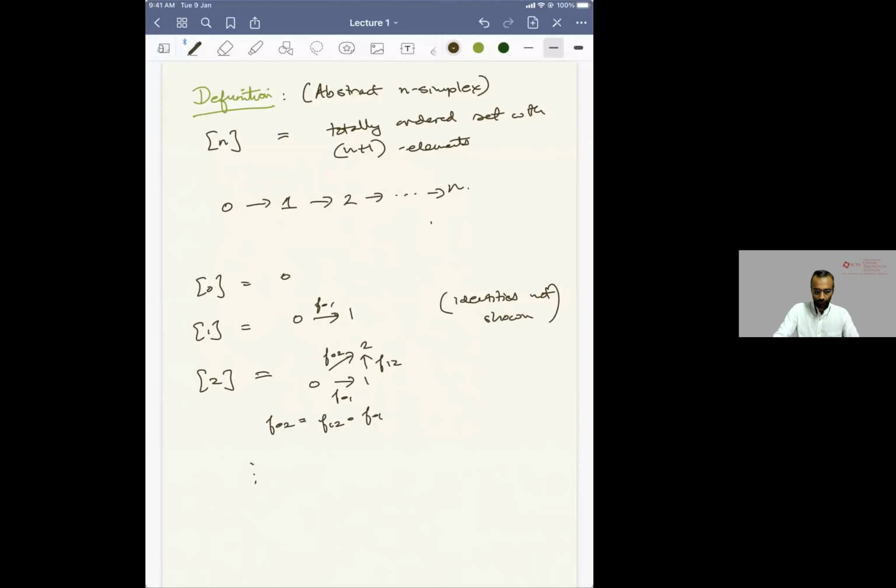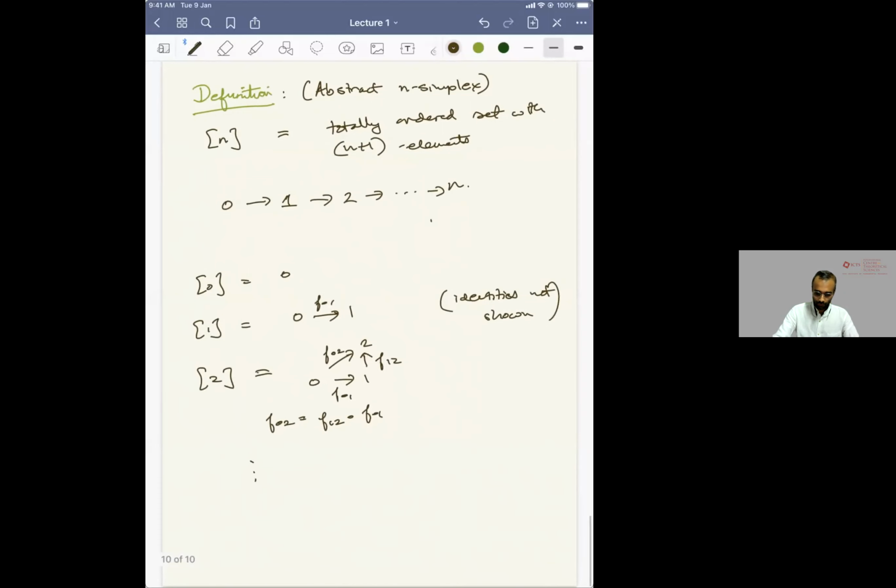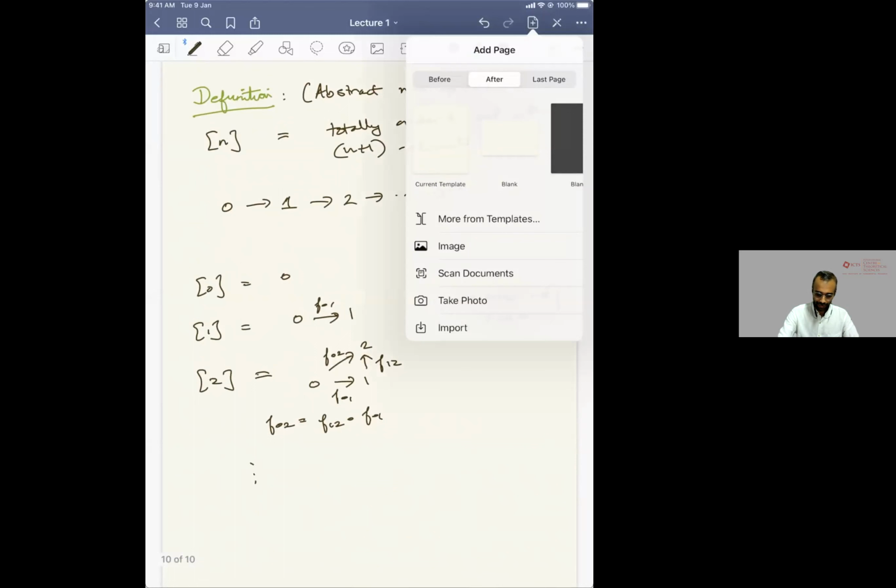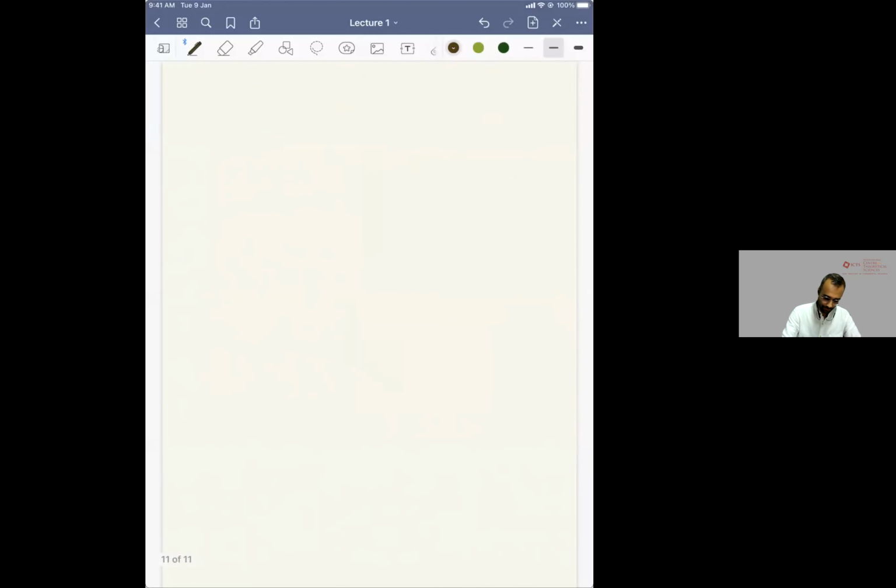And in fact, the collection of all these guys forms a category, a subcategory of Cat. So Delta contained in the category of categories is the full subcategory whose objects are finite ordinals.